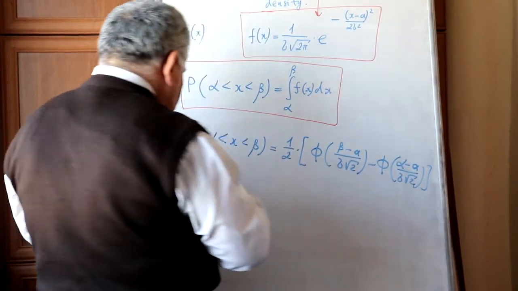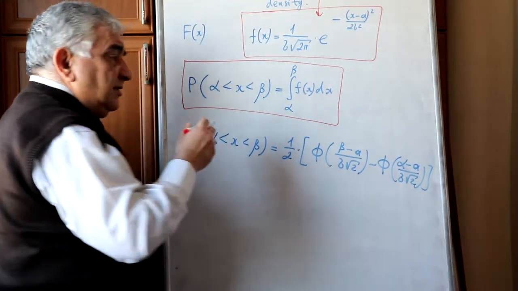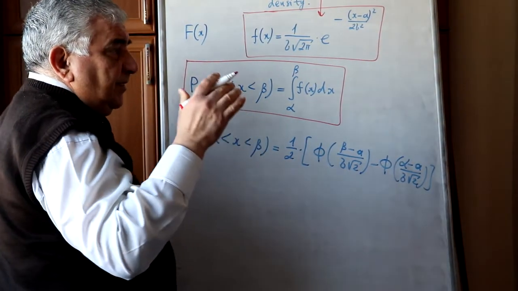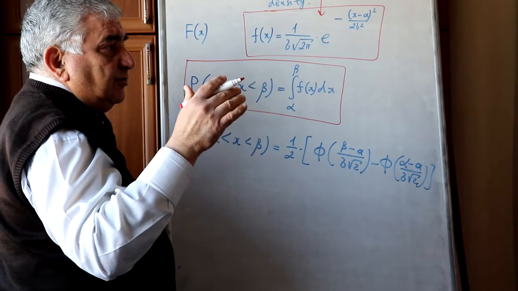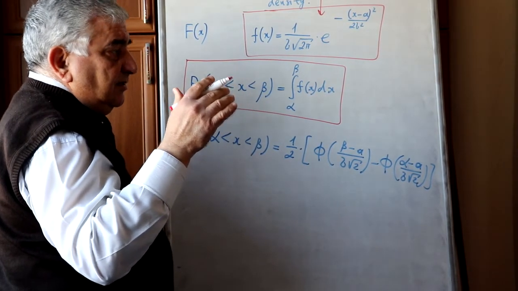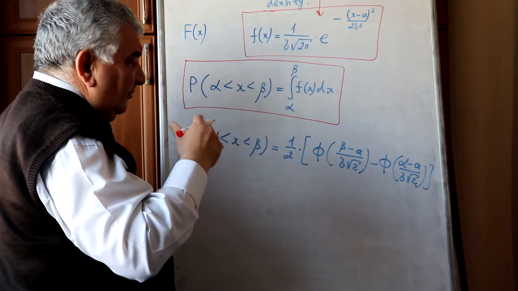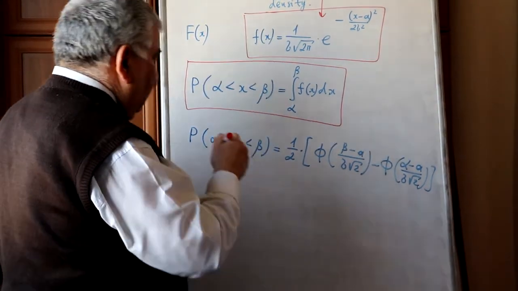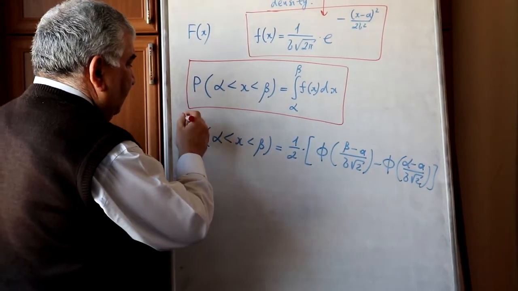It is the probability that the continuous random variable with the normal distributive density will belong to the interval alpha beta.